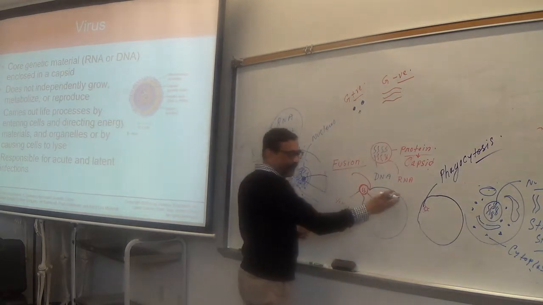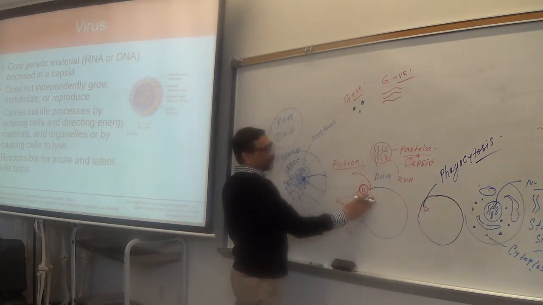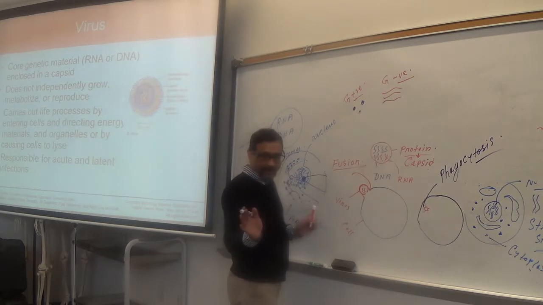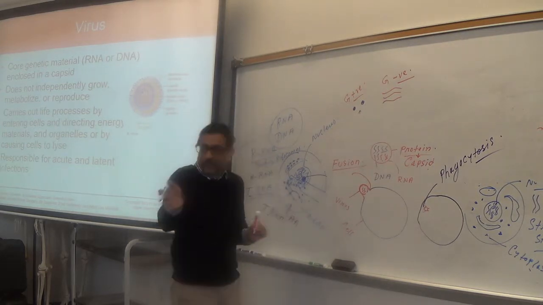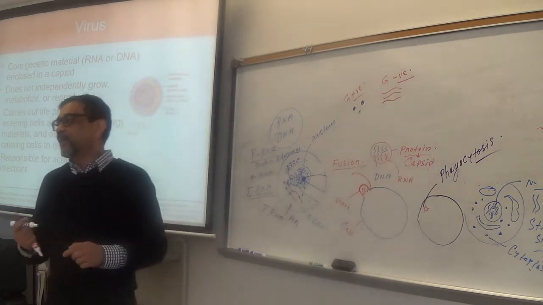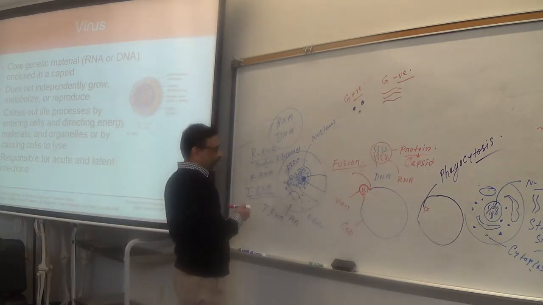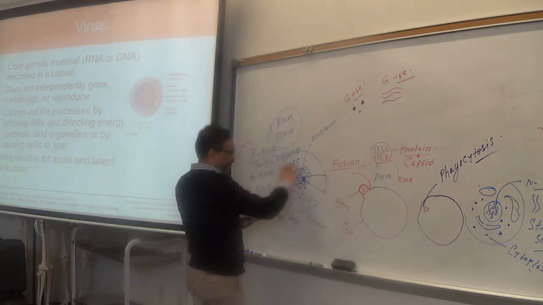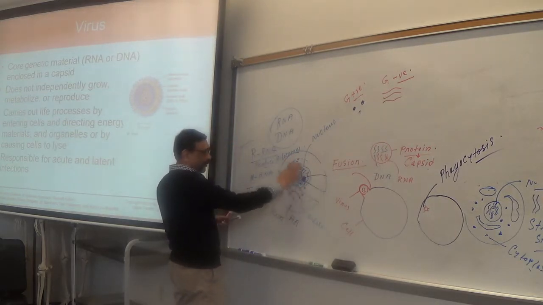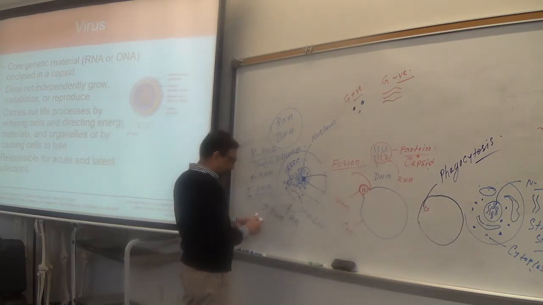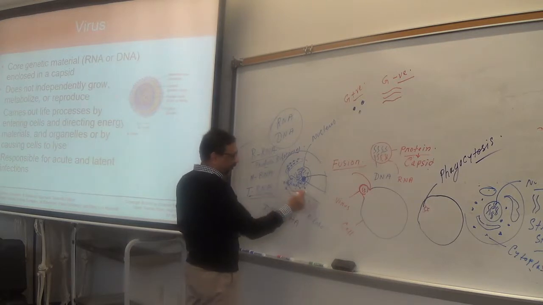However the method, the virus tries to enter into the living cell. So that's the goal. Now you see what happens. This is very interesting. This is the living cell. I have explained everything here, how the protein is synthesized. So now let's see, the virus has entered into the cell.